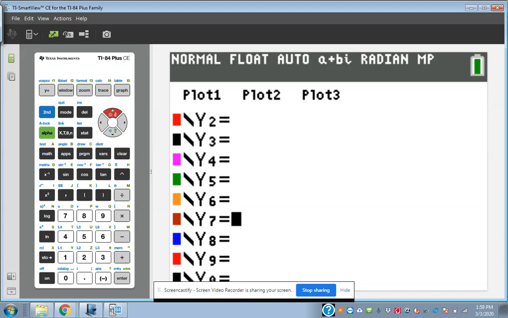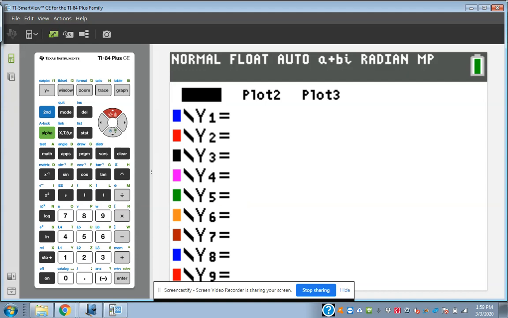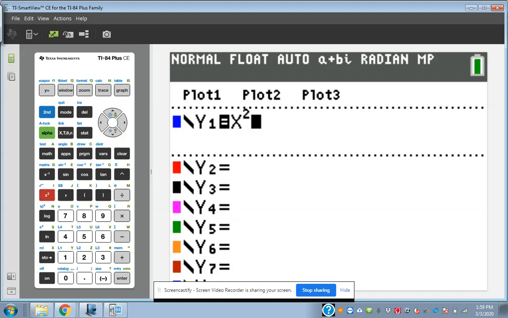On y1, I'm going to type in my equation, x squared plus 6x plus 9. I'm going to hit graph.